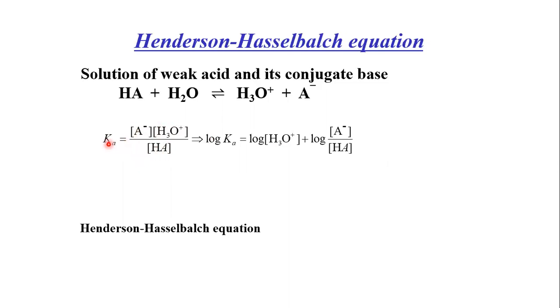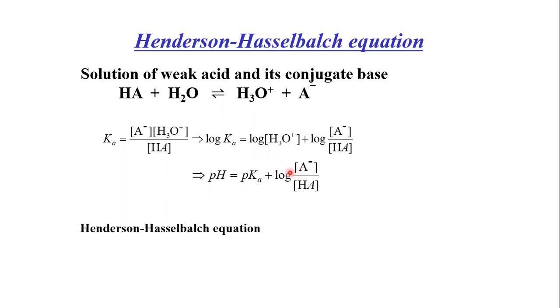Now let's do this type of derivation here. Take the log of both sides of this equation. So this is going to be log of Ka equals log of H plus, but keep this coupled together, so log of A minus divided by HA. So I kept this together. Now take the log of H plus, put it on the other side, and the log of Ka, put it on the other side.